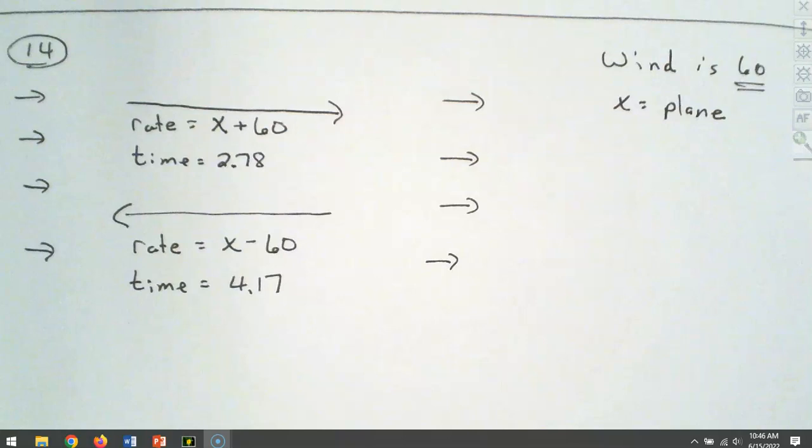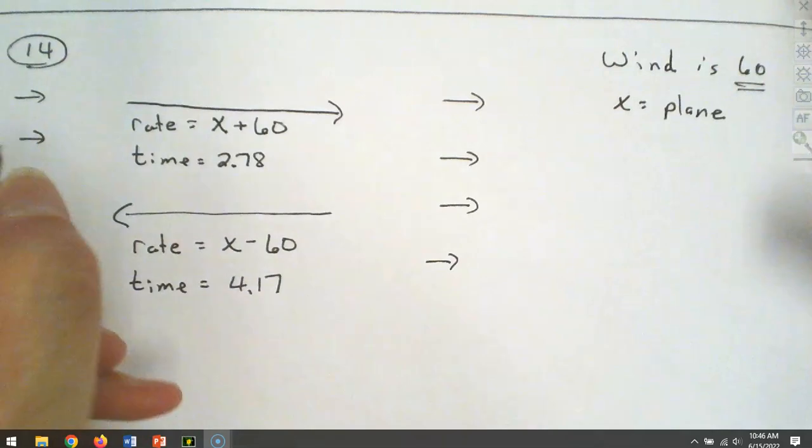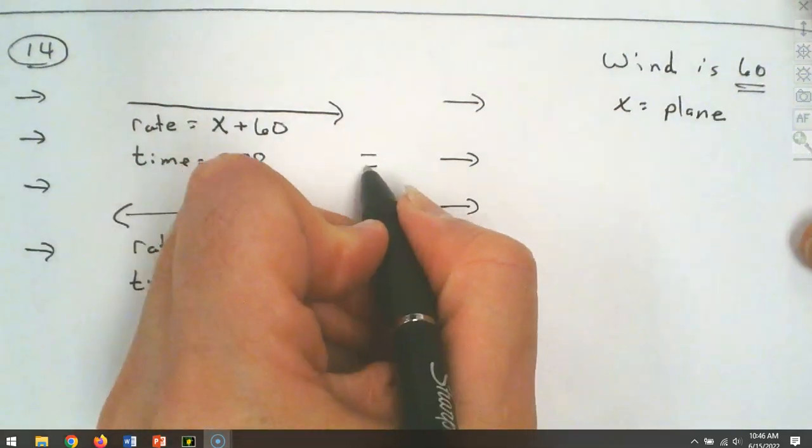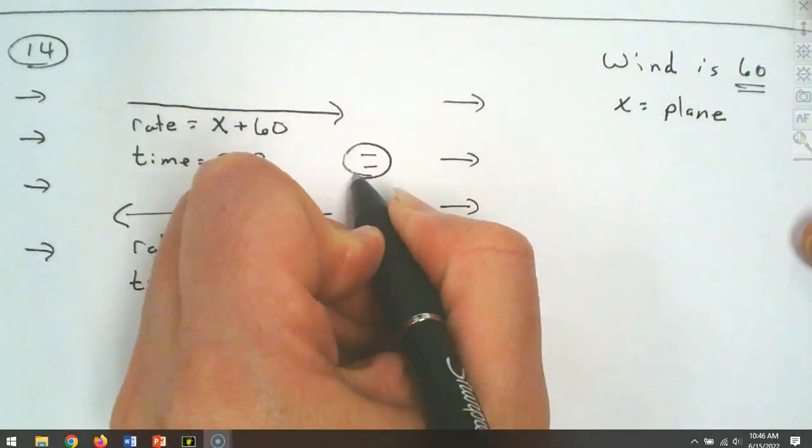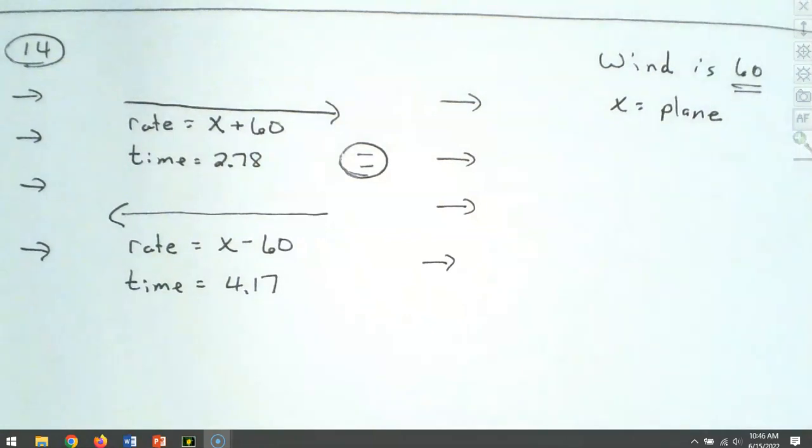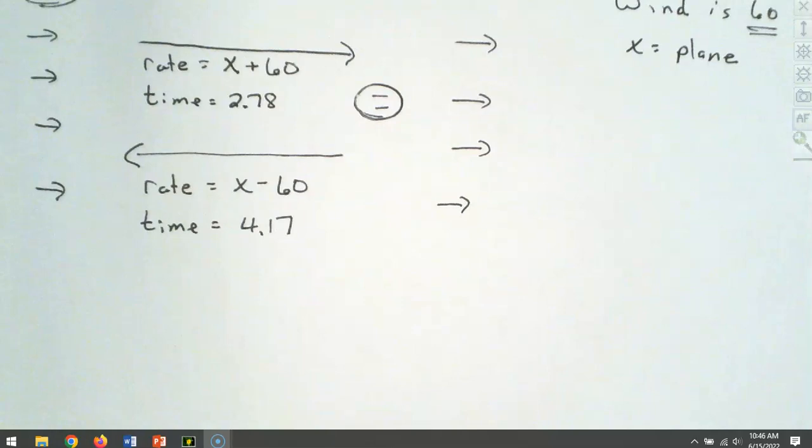Now, what do we know about these distances? Well, if I'm going from Metro City to Gotham, that distance should always be the same, right? So in that case, these are going to equal each other because those distances are the same. Now we can build our equation.